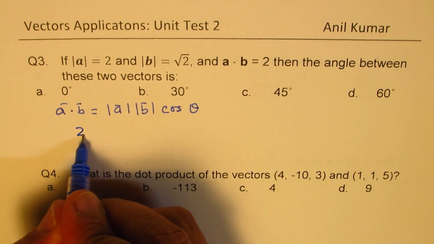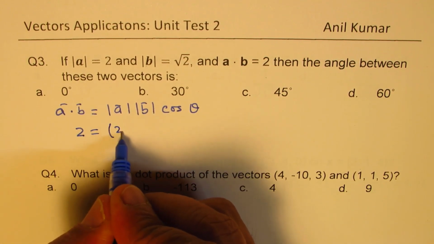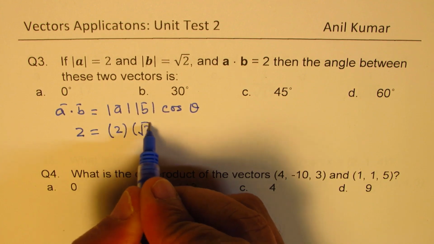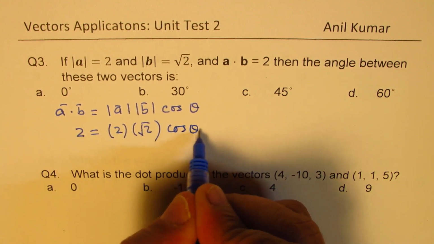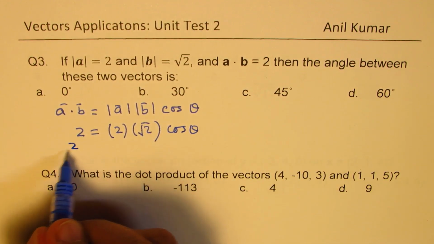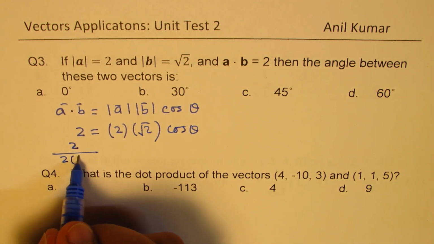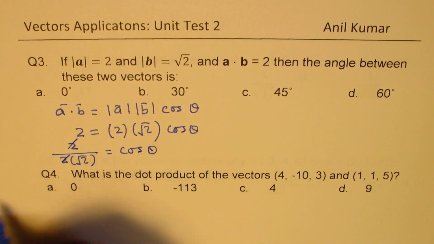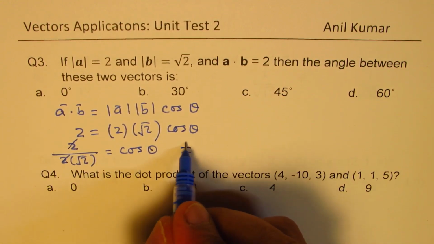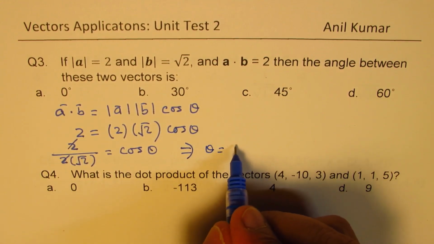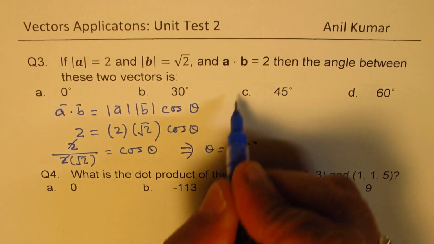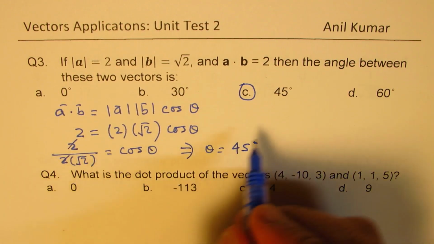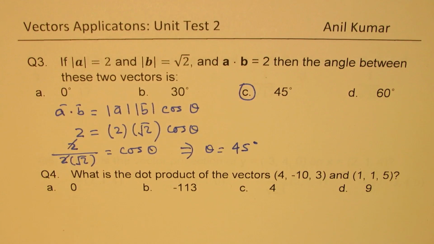A dot B is 2. Their magnitudes are given to us, 2 times square root of 2. We need to find the angle theta. So we can clearly get this as 2 divided by 2 times square root 2 equals cos of theta. 2 and 2 cancel. So that gives you theta as 45 degrees. Clear? Since cos theta is 1 over square root 2.